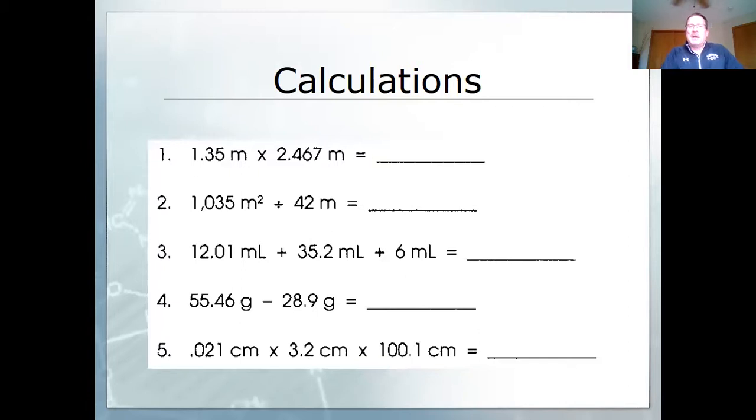So I'll leave you a few calculations you can try here, but I'll give you the background. This has 1, 2, 3 significant digits. This has 4. When you multiply, you're going to round your answer from left to right to 3 significant digits. This number with the 0 sandwich has 1, 2, 3, 4 significant digits. This has 2. So after you divide, your answer has to be rounded to 2 digits.